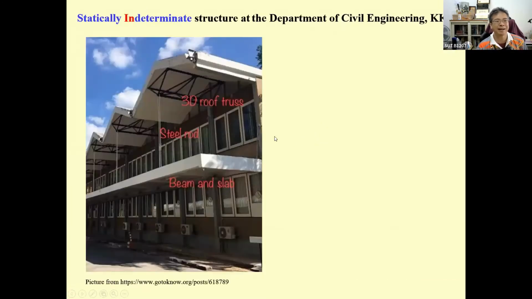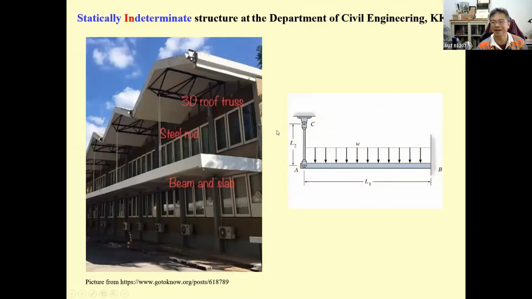Okay, and there is another type of statically indeterminate structure. You can see this is fixed, so this is going to be B sub y, and this is going to be B sub x, and it's going to be M sub x.